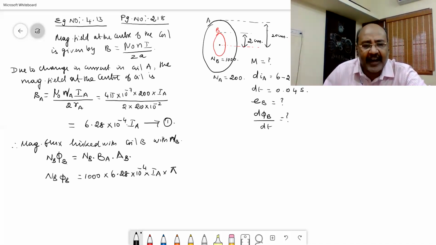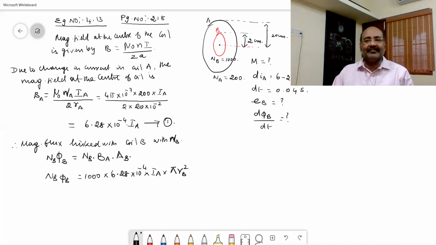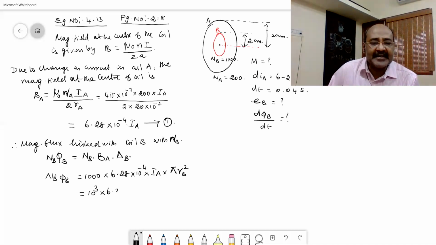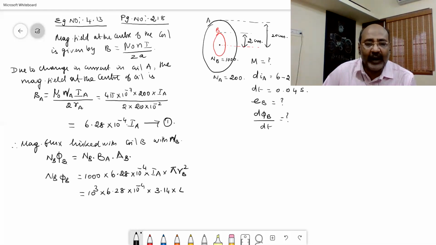R square, instead of R, I am putting radius of B the whole square. Again, substitute, you will be getting 10 power 3 into 6.28 into 10 power minus 4 into, instead of pi, I am putting 3.14. Instead of RB, radius is 2 centimeter. So 2 square is 4 into 10 power minus 4 into current in the first coil.